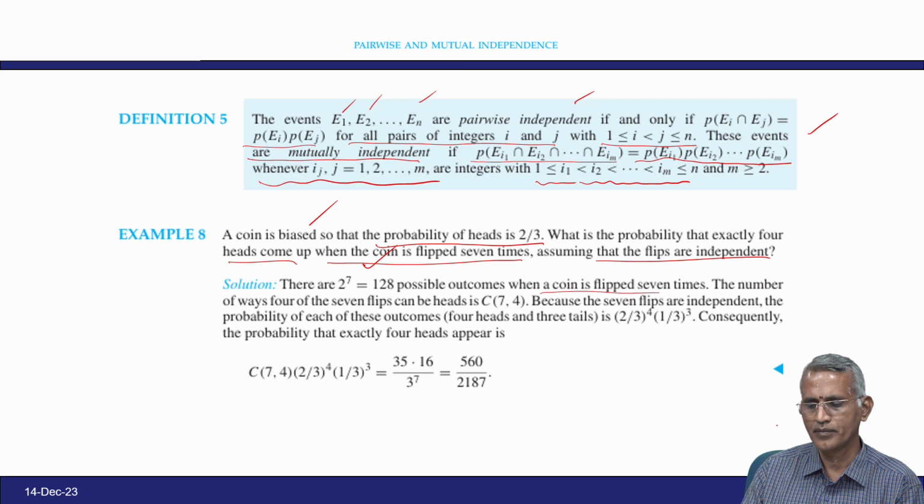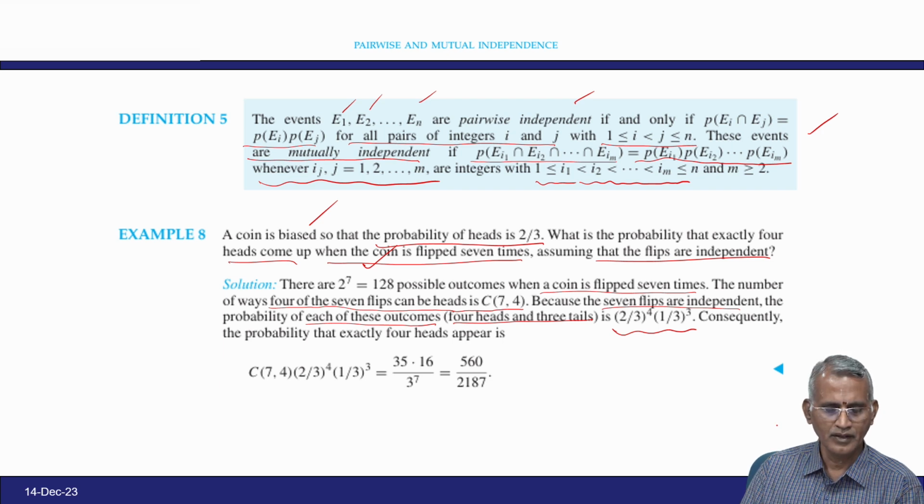When a coin is flipped 7 times, the number of ways 4 of the 7 flips can be heads is 7C4, because the 7 flips are independent. The probability of these outcomes, 4 heads and 3 tails, is 2 by 3 whole power 4 into 1 by 3 whole power 3.